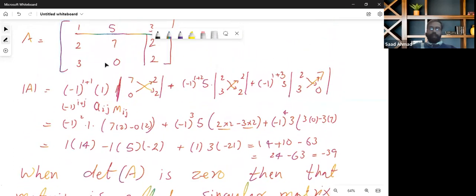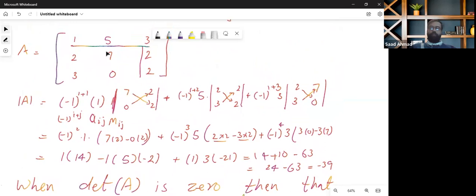Similarly, the idea that we used here, we can extend it to 4 by 4, 5 by 5, right? Here we got an M whose value is a 2 cross 2 matrix.